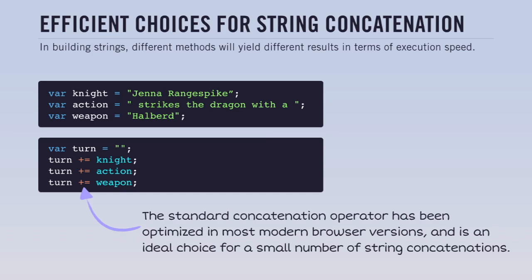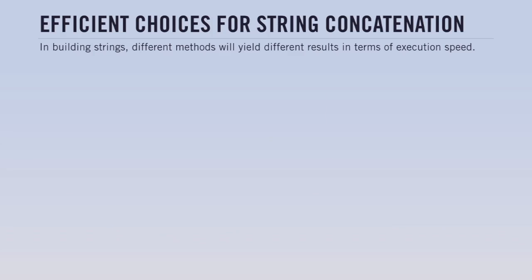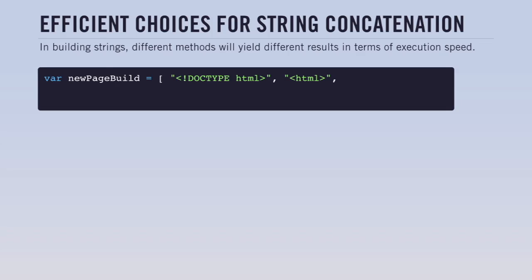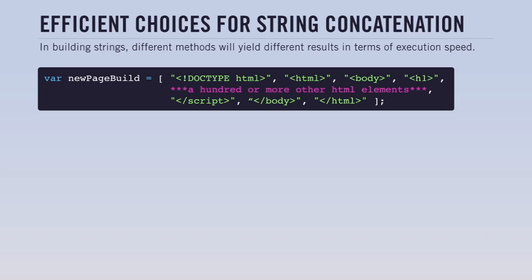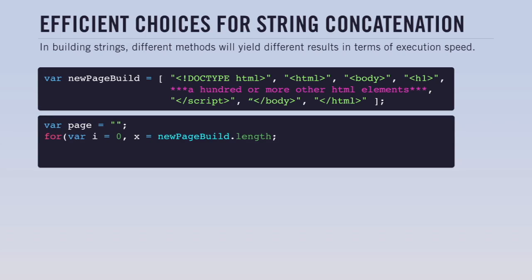However, if we had a variable that consisted of an array of multiple hundreds of HTML elements, for example, if we were pooling HTML elements together to build a new page, we may want to loop over that array in order to put all of those elements together. So here you can see we've got a page variable, starting out at the empty string.